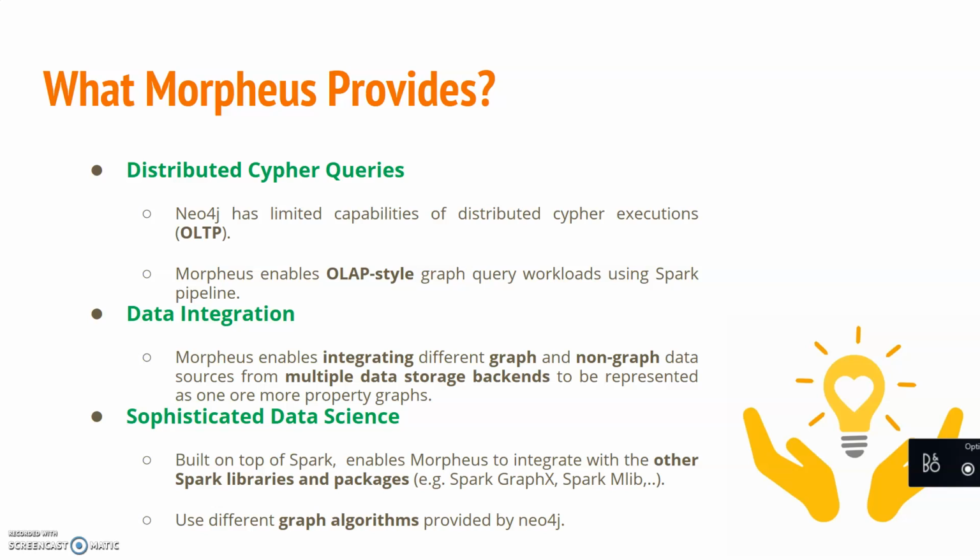Morpheus also enables integrating different graph and non-graph data sources from multiple storage backends. In the context of Morpheus, these sources are called PGDs, or property graph data sources, to be represented as one or multiple graphs in Morpheus.